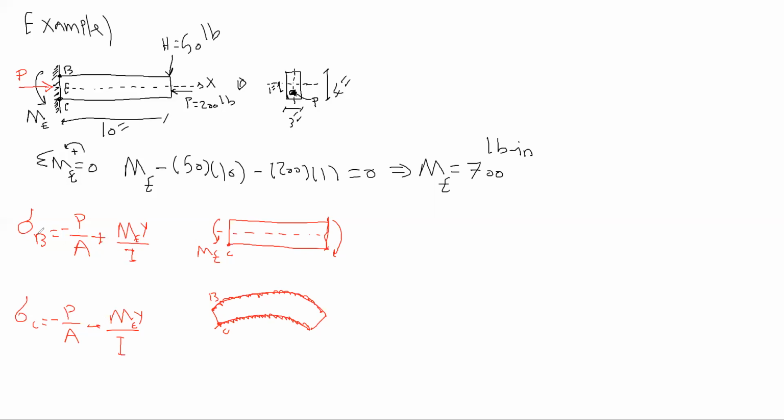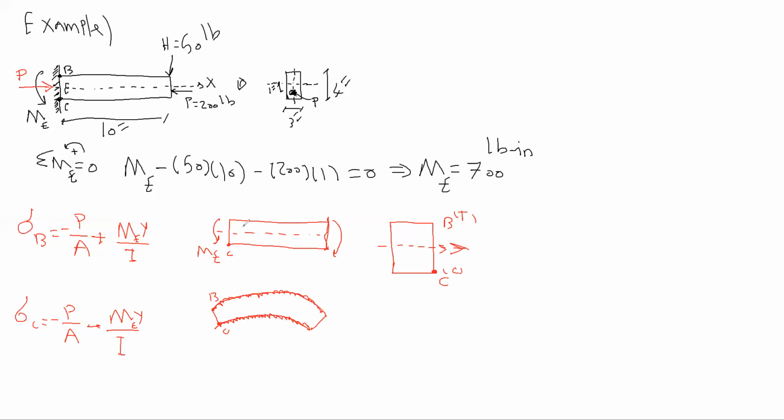This is for point B, and this is for point C. Or the other way, you can draw in the 2D direction. If this is C, this is B, and the direction of M would be here. Then this is compression and this is tension.